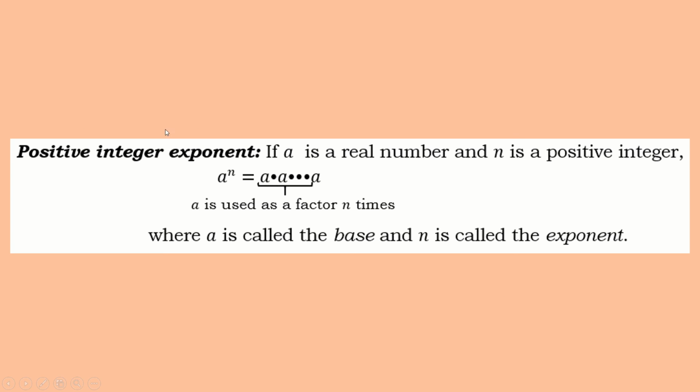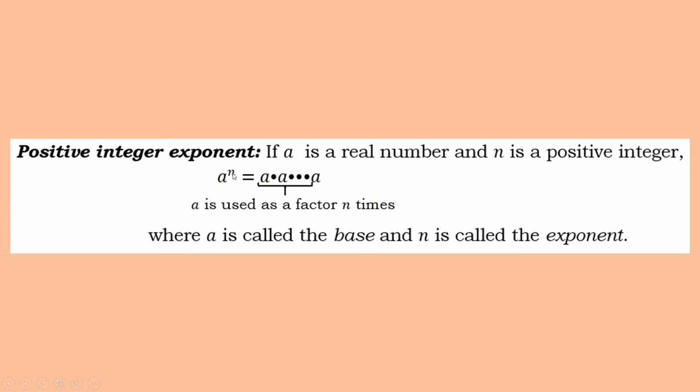Next, the positive integer exponent. If a is a real number and n is a positive integer, so we have here a raised to n. So n, a is used as a factor n times. So, maglagay tayo ng any number here to denote kung kapila nato i-factor ang a.